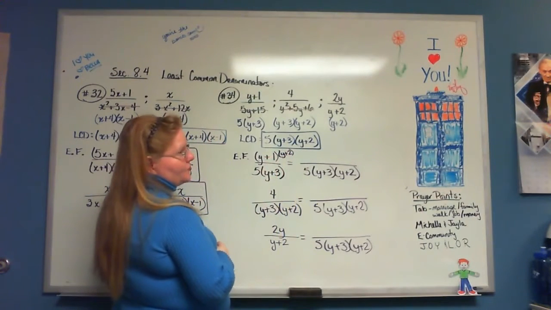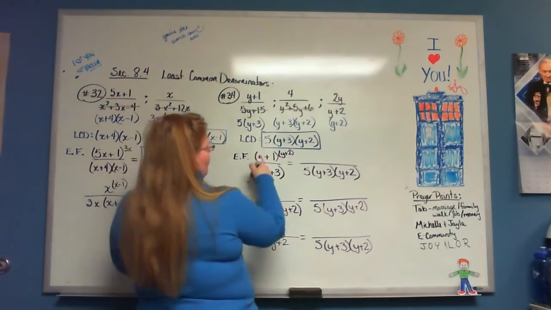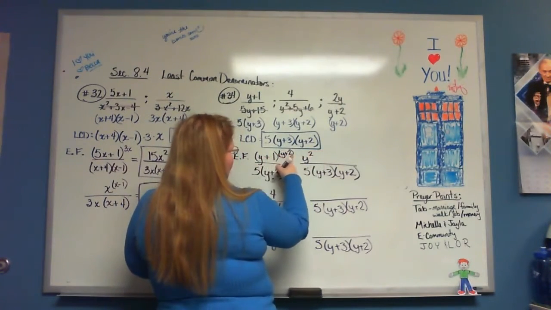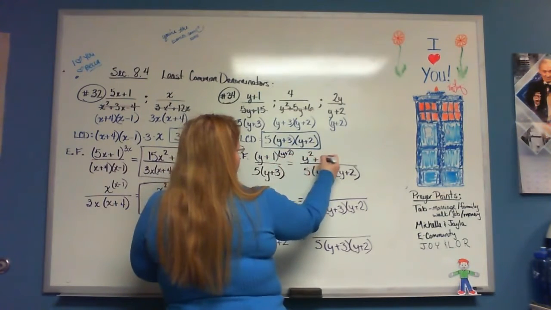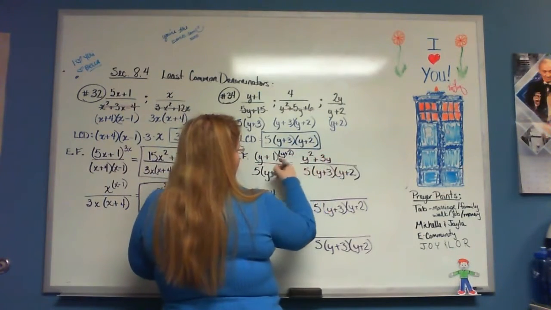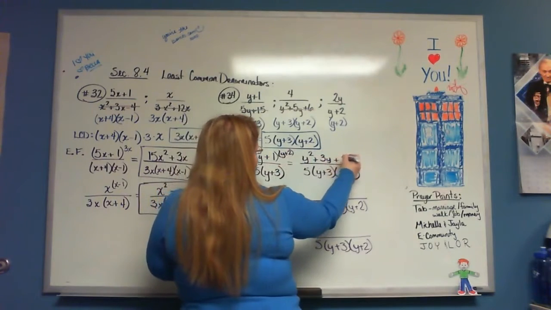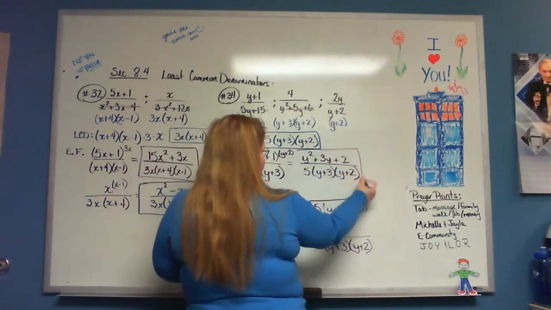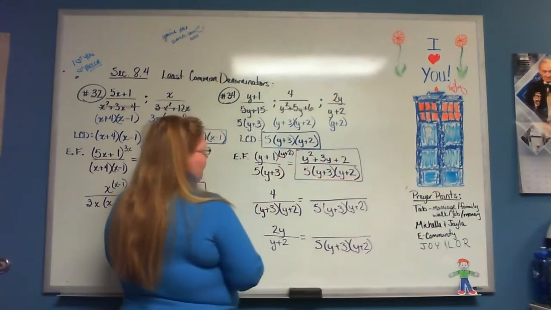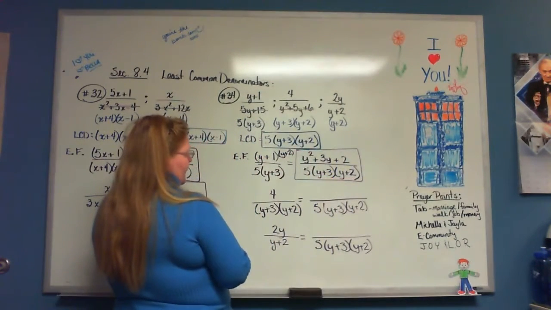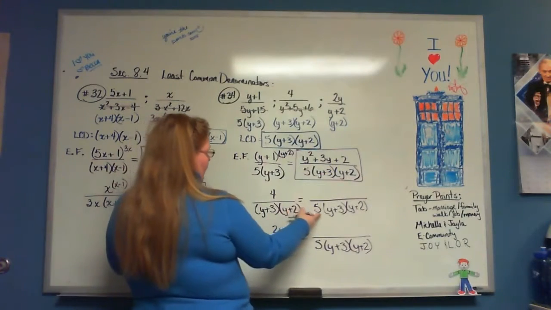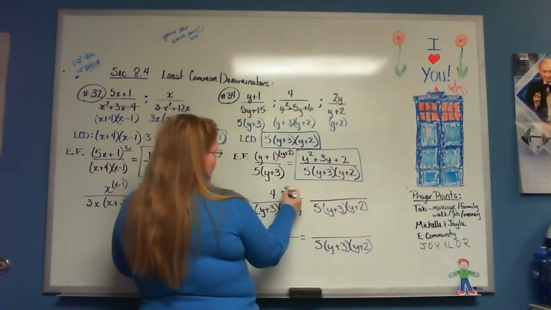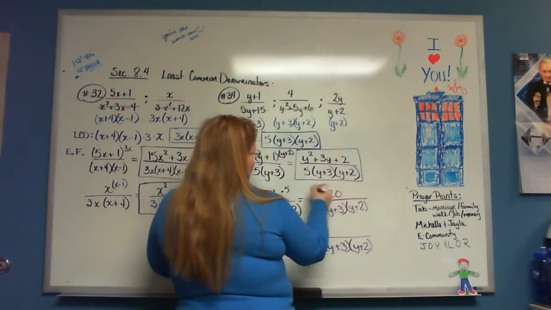Going to have to distribute that out. Y times y is y squared. 2y plus 1y is 3y. And then 1 times 2 is 2. Here, I've got that, and I've got that. I'm just missing the 5. 4 times 5 is 20.